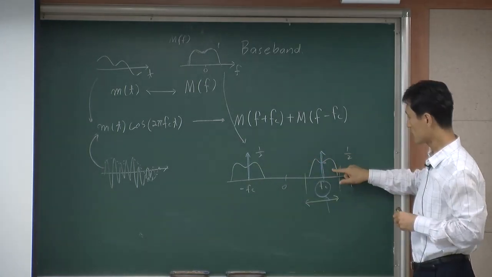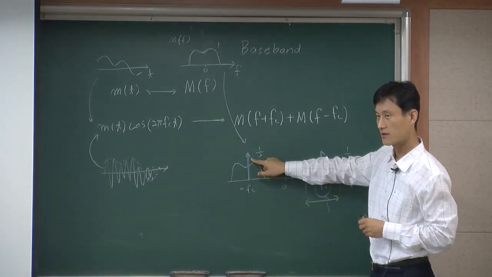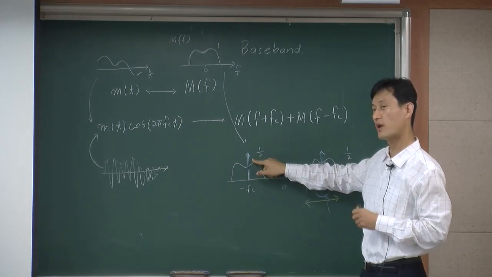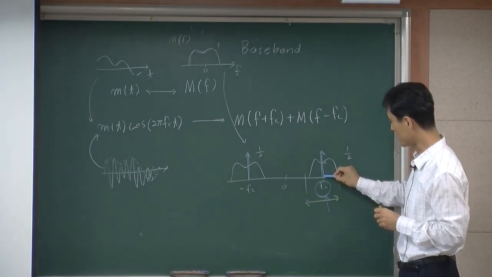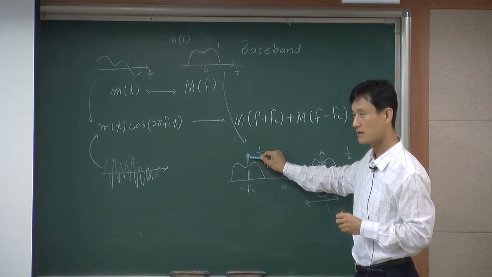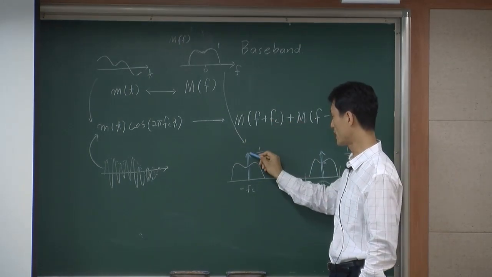In addition to that, you now have an additional arrow here, an additional Dirac delta, and this Dirac delta of course will have some energy. But this Dirac delta is purely the carrier part, because we added DC. Because of the DC, we have this one.